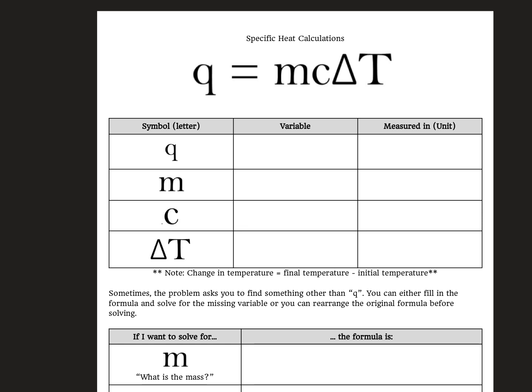I'm going to go over this side of the page just in case so that you can have the notes filled in. So our formula is Q equals M times C times delta T. So let's fill out what each letter means. The letter Q stands for heat. Sometimes it just says energy.